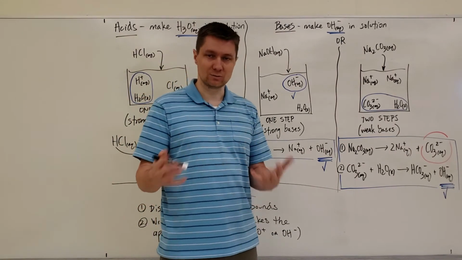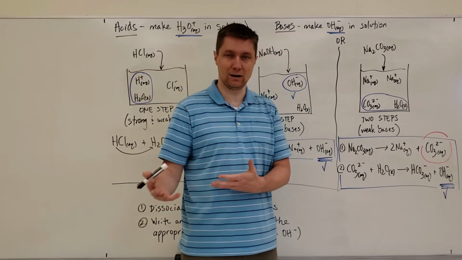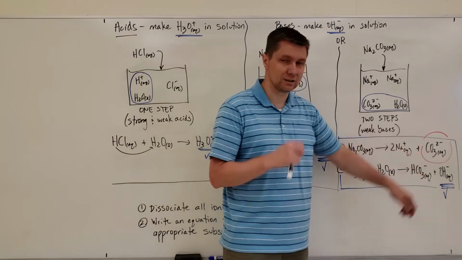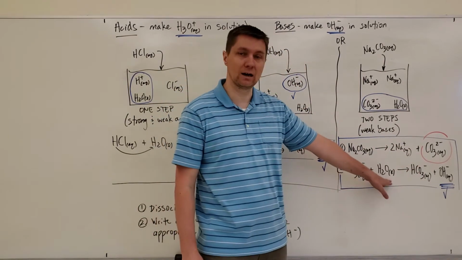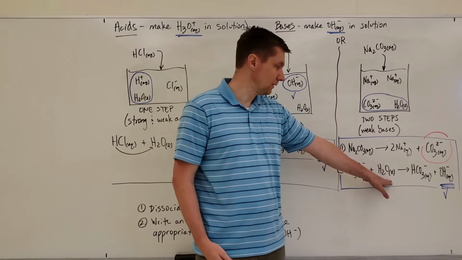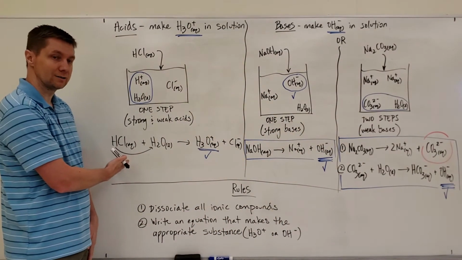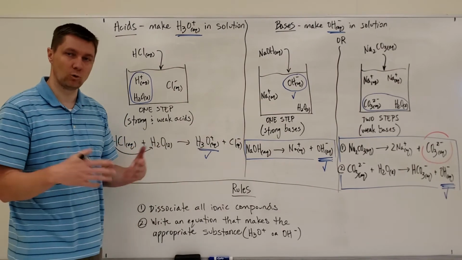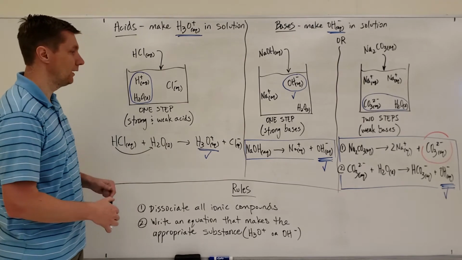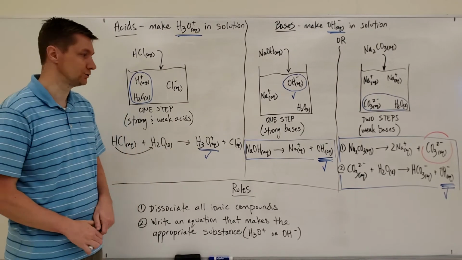But what I do at this point is I have to take the anion, and you will always take the anion at this point. So in this case, it's CO3 2-. And I take that CO3 2- and I react it with water. Again, just like I did over here with the acid example, these acids and these bases are being placed into water, and water is a key component here in making sure that we're either getting hydronium or hydroxide in the solution.